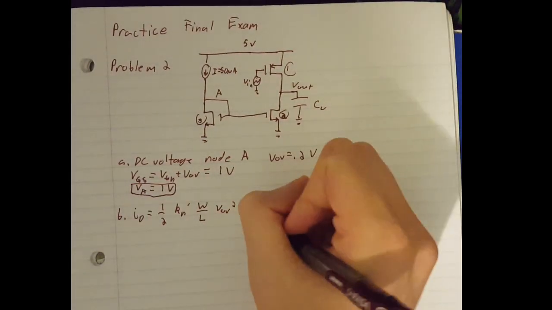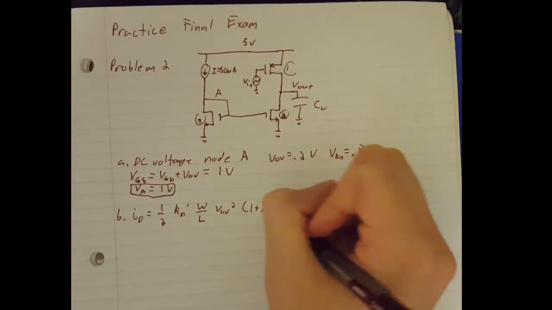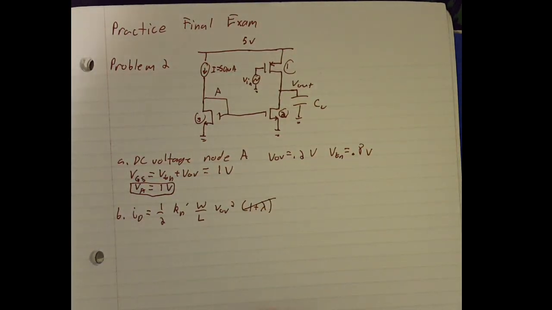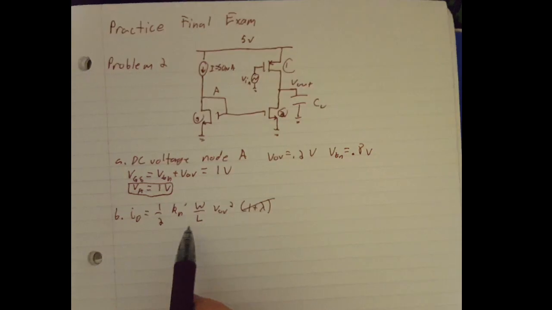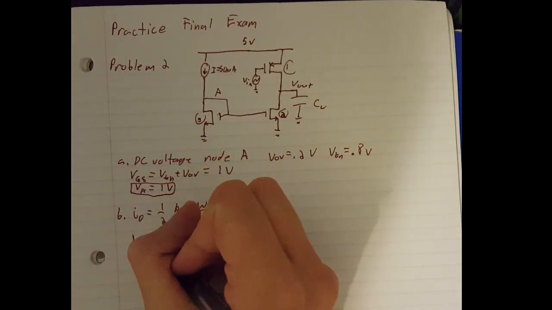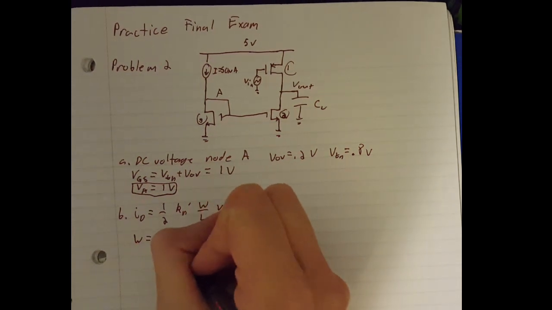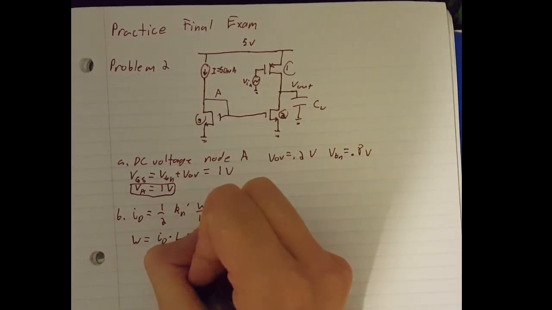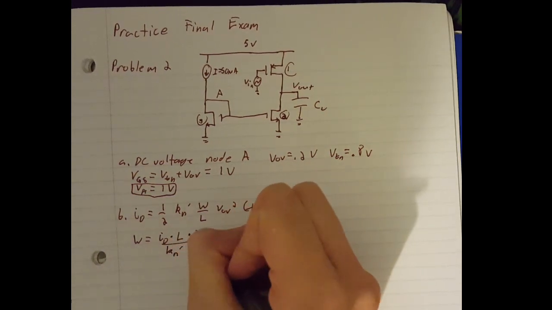You can put in the 1 plus lambda if you want. You don't need to. It's up to you. And then we're going to rearrange this to solve for W. So we get W equals ID times L times 2 over Kn prime V over squared.